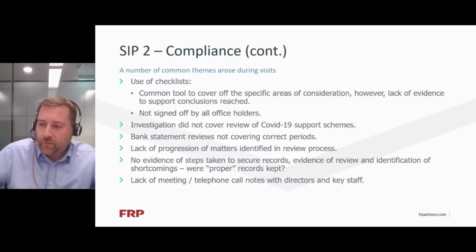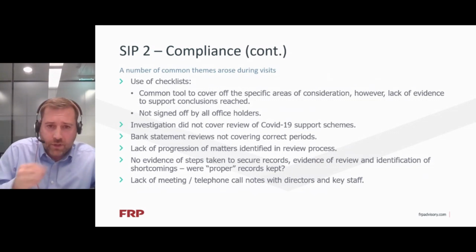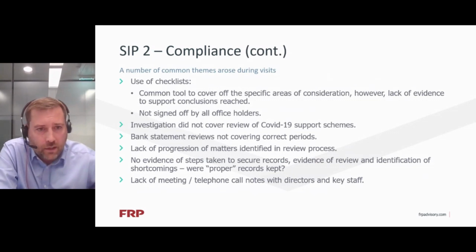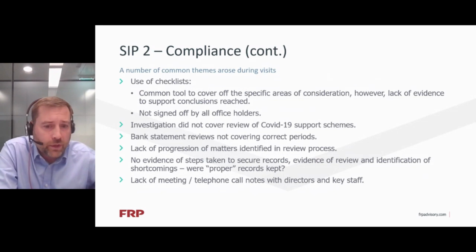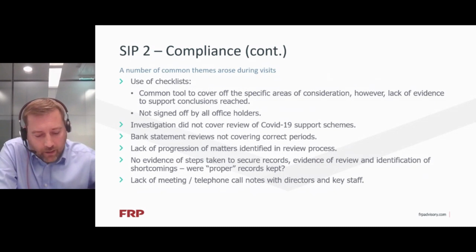So just to cover in a bit more detail some of the common themes that came up. Checklists. It's a common tool that we use. I assume most firms will have, like we do, a checklist to run through the SIP2 director's conduct investigation. I think the issue is that whilst the checklist is very helpful, there was a lack of evidence on the files to support the conclusions reached in the checklist.